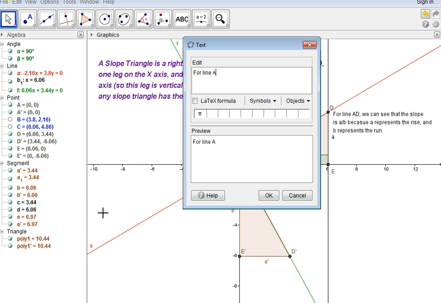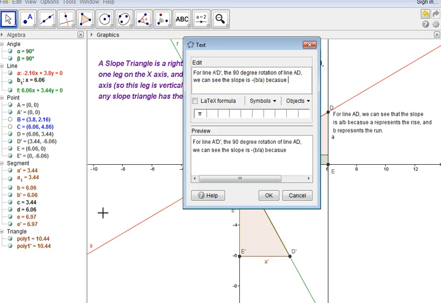So for line A prime D prime, the 90-degree rotation of line AD, we can see the slope is the opposite of the fraction or the ratio B over A, because at this point B represents the rise, or actually in this case it's a fall, and A represents the run.